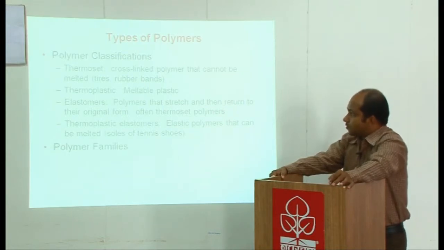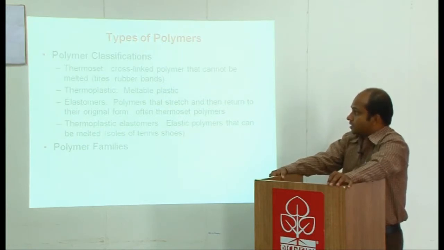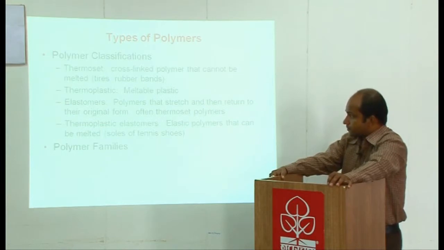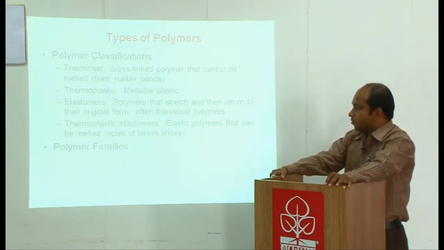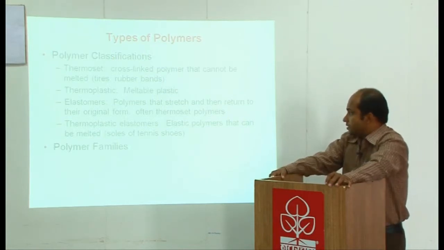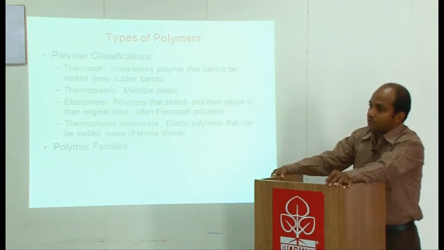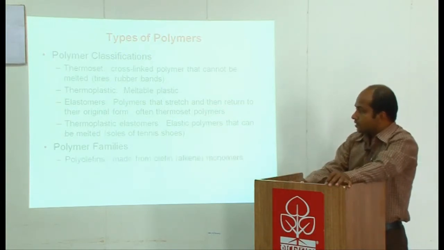So this type of polymers are known as elastomers. Most often thermoset polymers show this elastomer property. There is another terminology, that is thermoelastic polymers. These are elastic polymers that can be melted. Say for example, the sole of a tennis shoe.